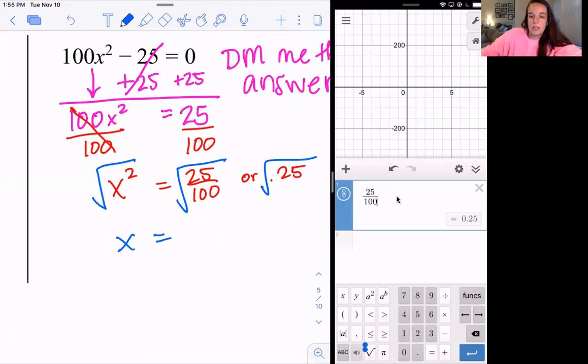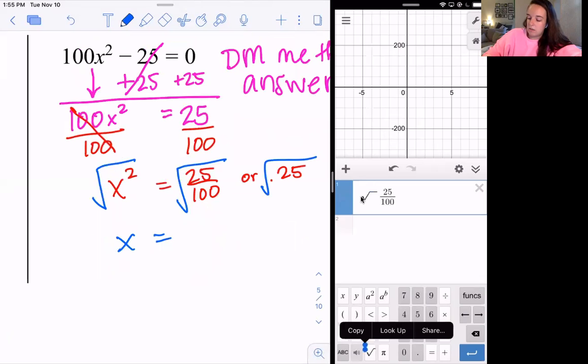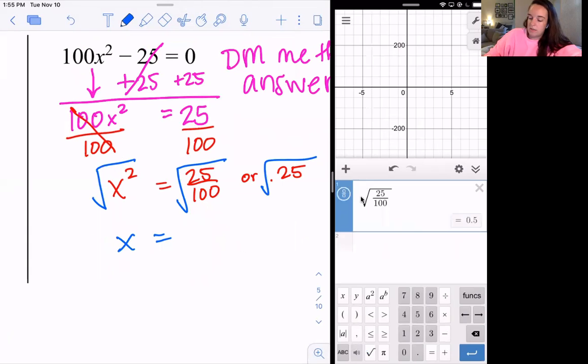X equals, and I'm going to take the square root of 25 over 100, which is 0.5. That is not my answer though. What is my answer? This is one of my answers. What is my other answer? Negative 0.5. Yeah, negative 0.5.